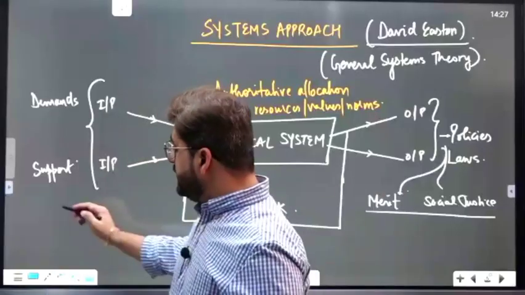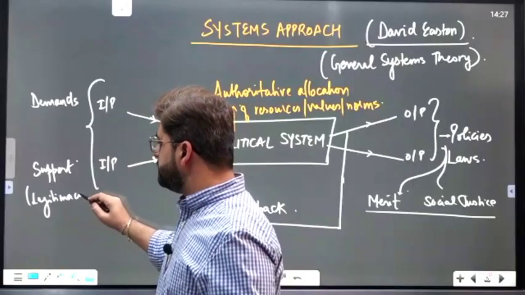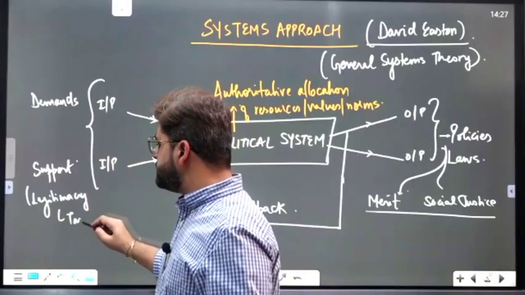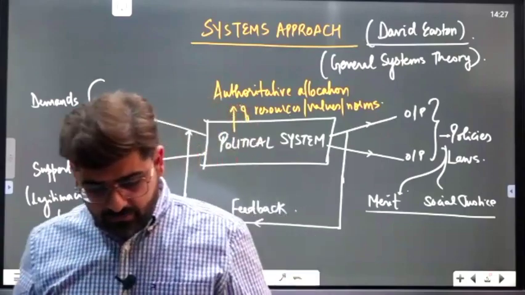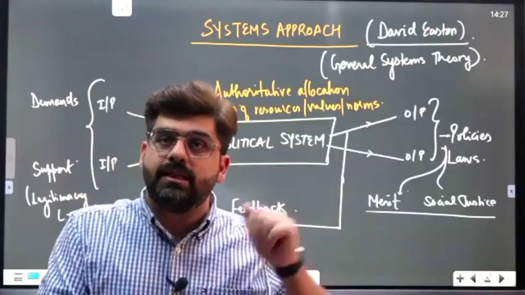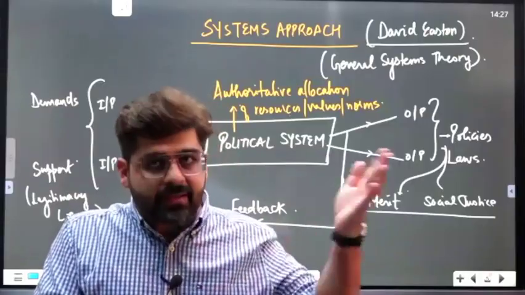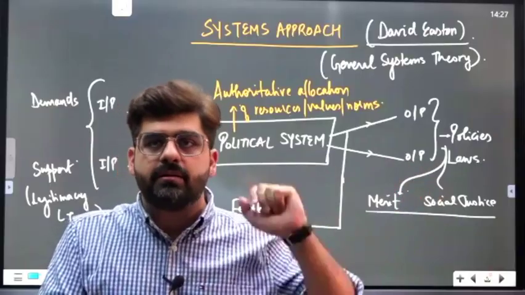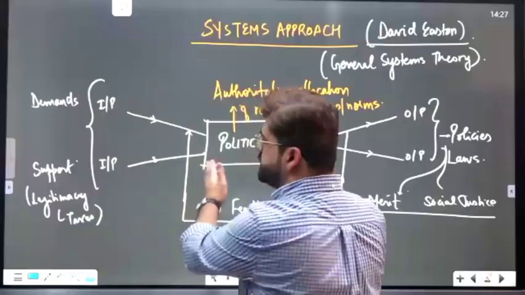The support is seen in the form of legitimacy for the system. Am I paying taxes? Are you paying taxes? If you are paying taxes, that means you consider the state to be legitimate. There is support for what? The system.